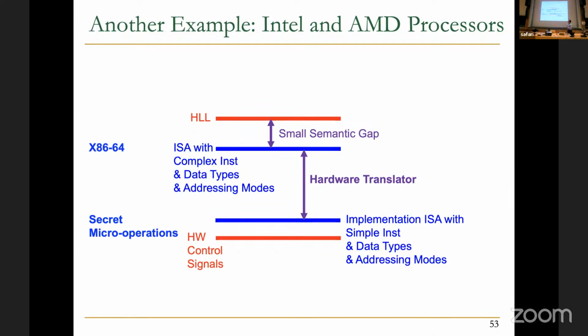But before I move on, I should say that this is a very powerful thing, and a very complex instruction set architecture like x86 today can be translated using a hardware or software translator to a relatively simple ISA that consists of more primitive instructions. And this hardware translator can be made efficient over decades.